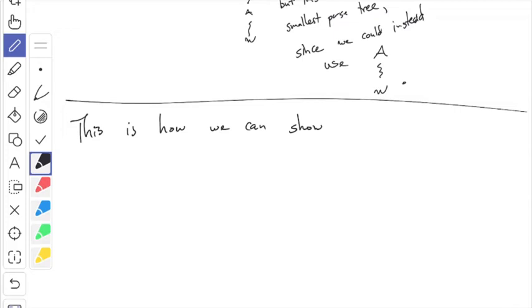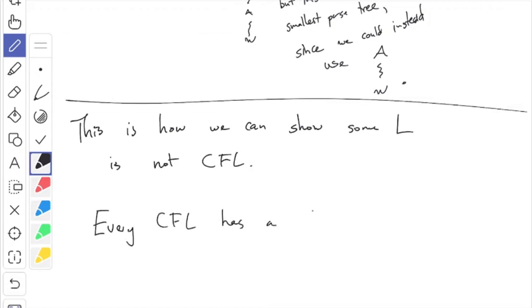This is how we can show some language L is not context-free. The idea is you always do this by contradiction. I suppose you could call this the pumping lemma for context-free languages. Every context-free language has, our book says, a PPT, pumping parse tree.